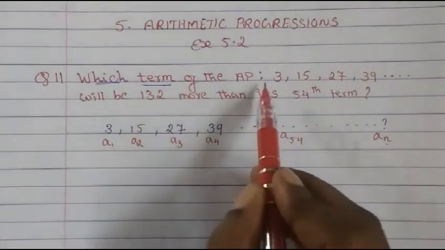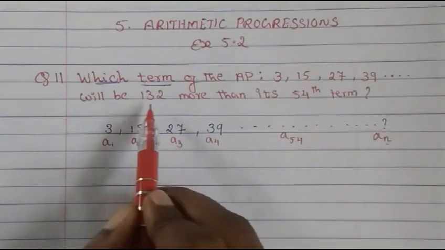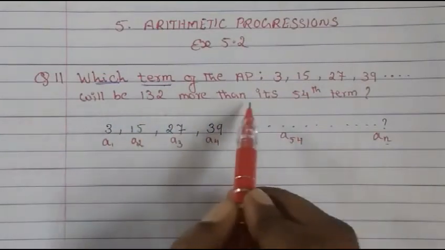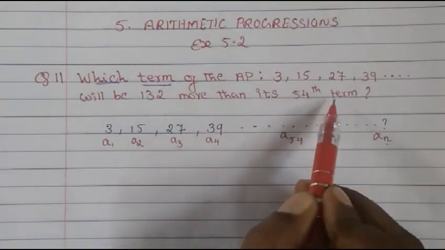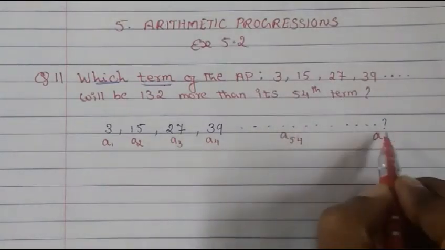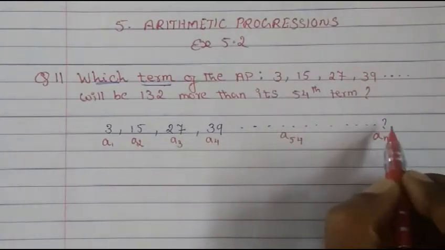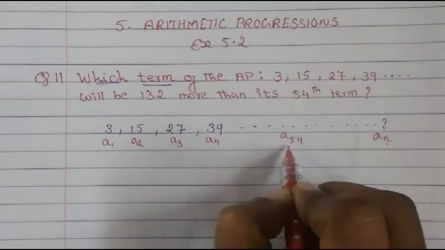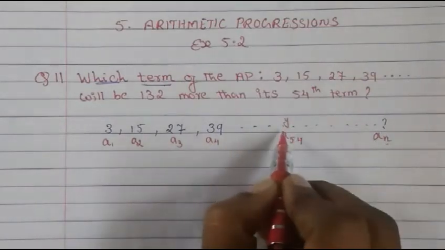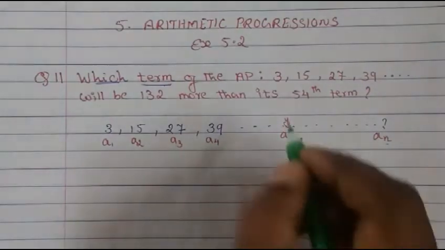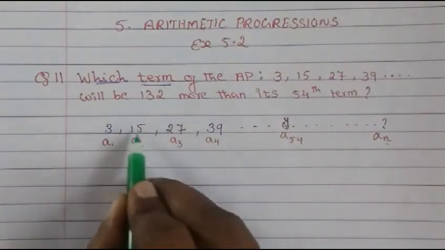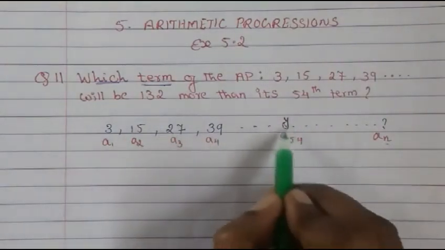Which term of the AP will be 132 more than its 54th term? Meaning to tell, whatever may be the answer here, you think maybe the 54th term is Y. We don't know. Here the AP is given to us, but here what would be, we don't know.